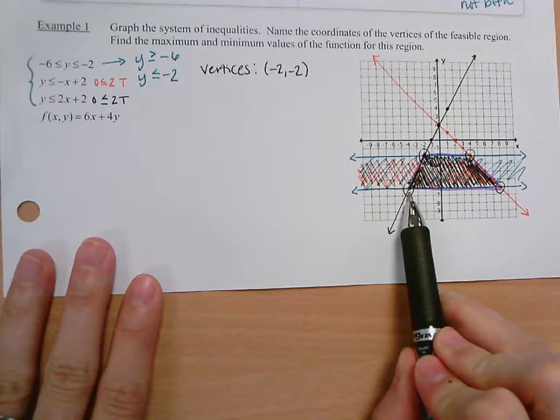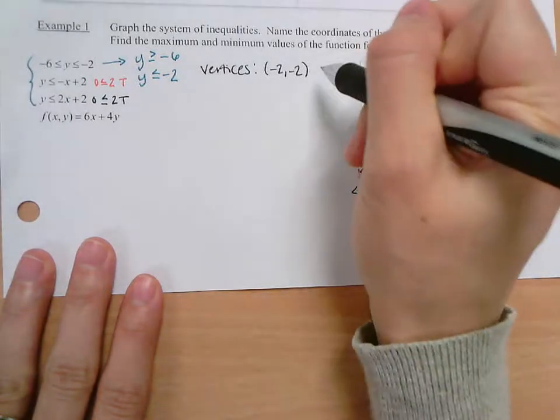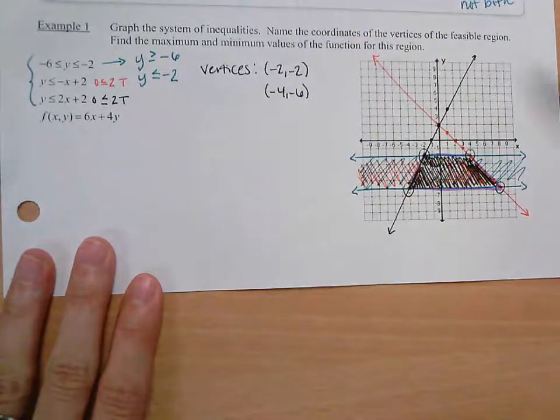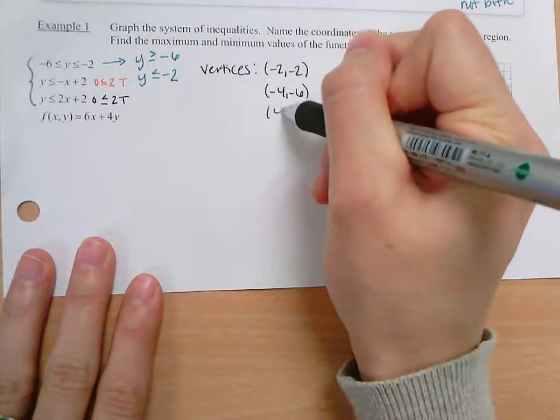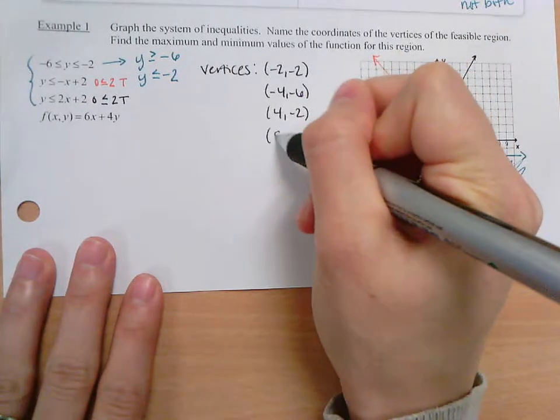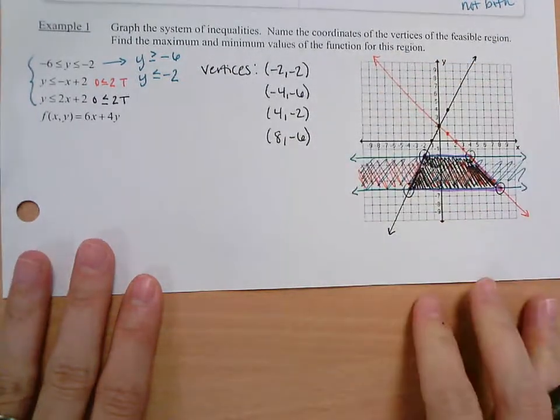This one, very bottom left, is -4, -6. And then I have 4, -2, and 8, -6.